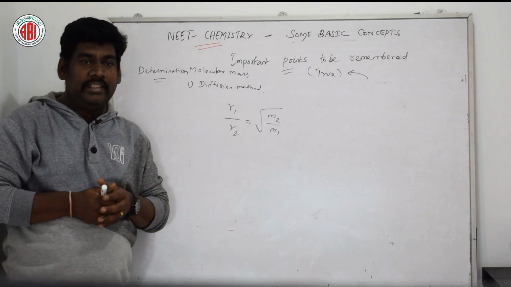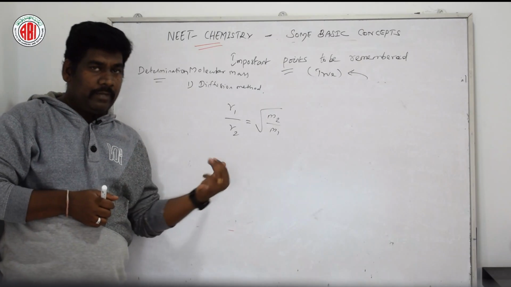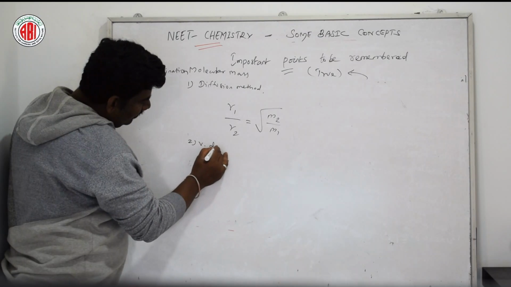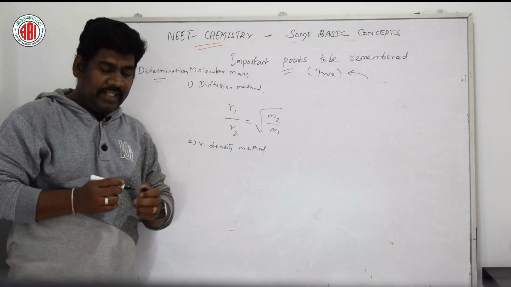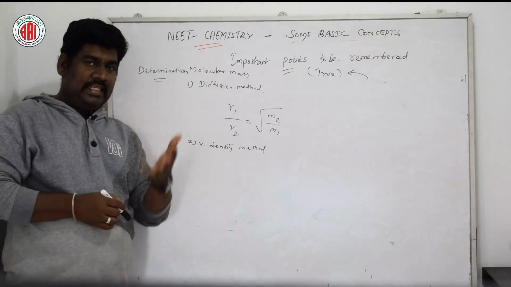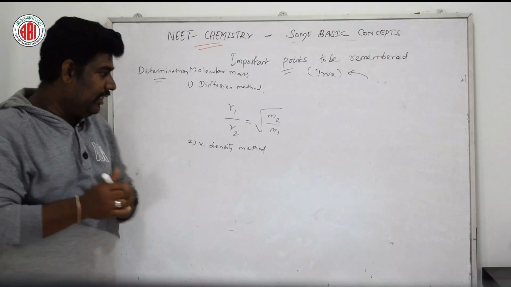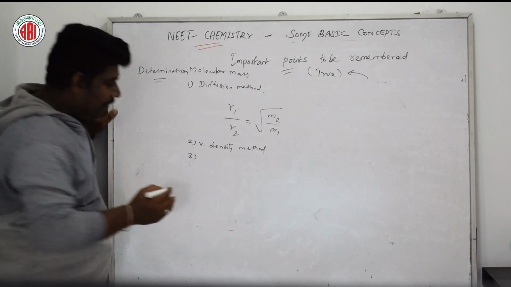The next method is the vapor density method, where molecular mass is equal to 2 into vapor density. Now we are discussing the third method, which we use for volatile liquids or solids, that is the Victor-Meyer method.